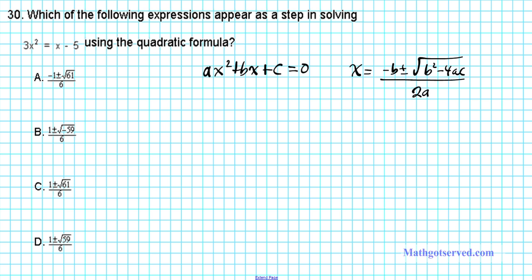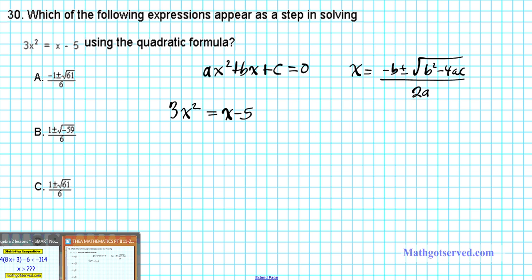All right, so to get started with applying the quadratic formula, what must we do first? We have 3x squared equals x minus 5. Is this in standard form? The answer is no. We need all the terms in descending order of degrees on one side of the equation and equal to 0.